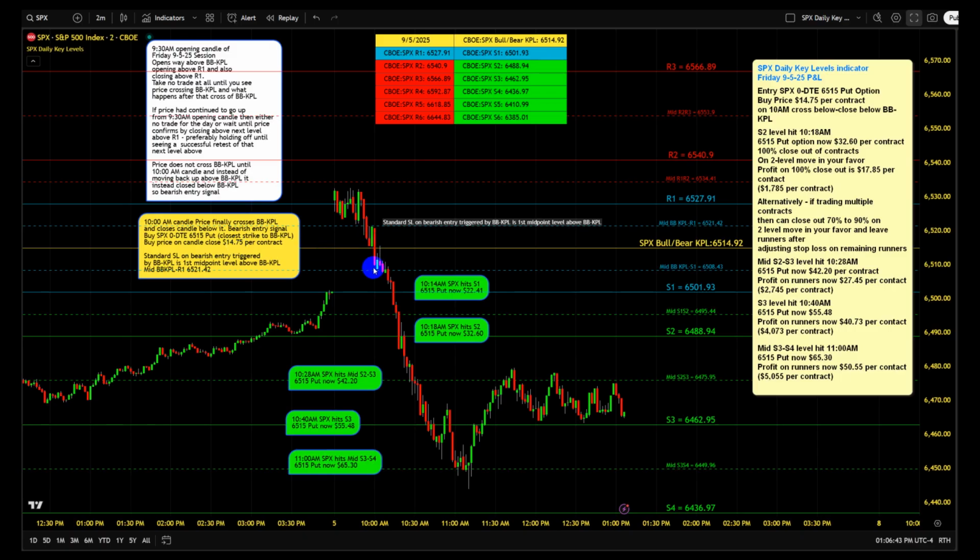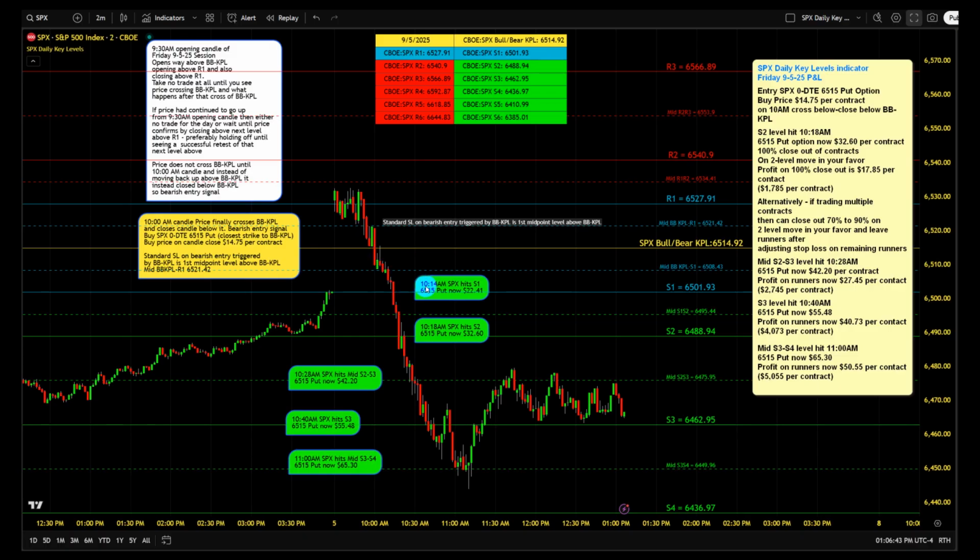So as you can see here, after entering on the close of this candle, we did have a little bit of a retrace back up where this wick hits the BBKPL, but instead falls off and still closes below. After entry here, it did not even come close to touching or breaching the standard SL.